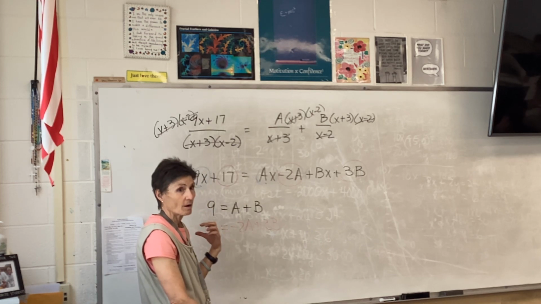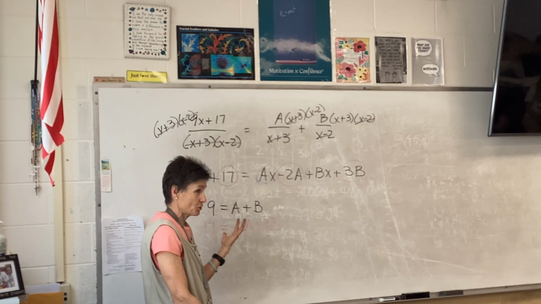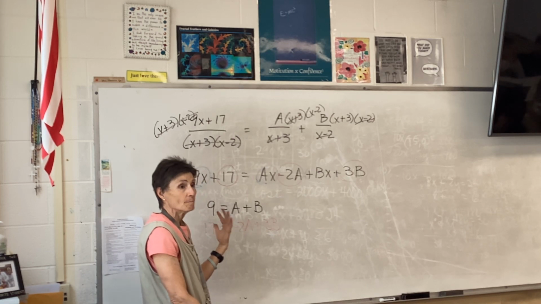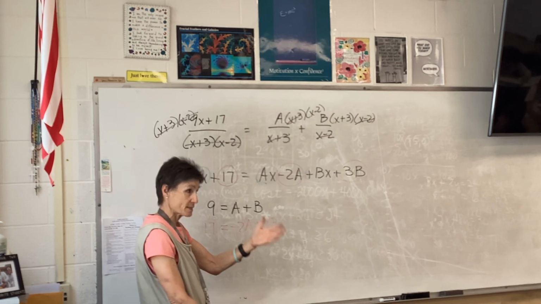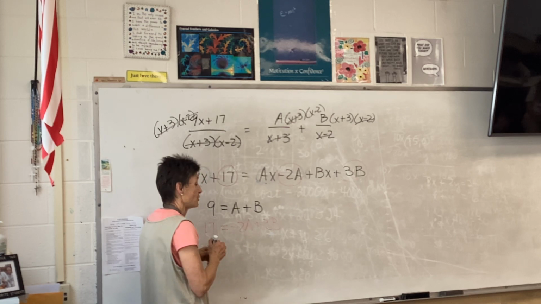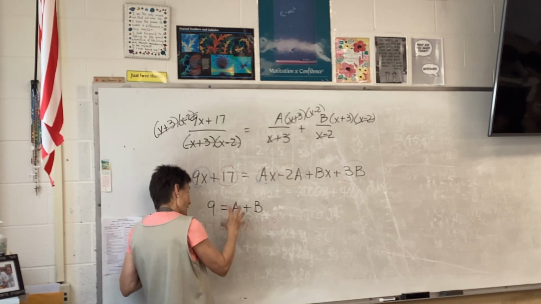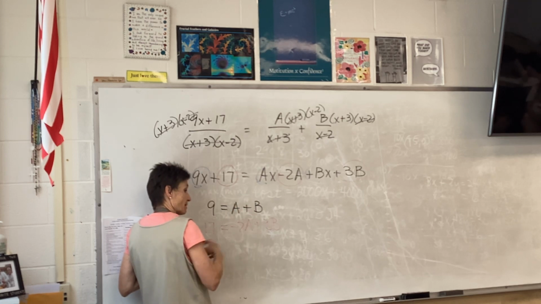Everybody got this so far? Now, he says eliminate, because that's what I'm going to do, because that's what I like to do the best. But somehow you solve this, so you could substitute if you like substitution. You could do Cramer's rule, whatever you want to do. But somehow you have to find the A and the B value for this system.